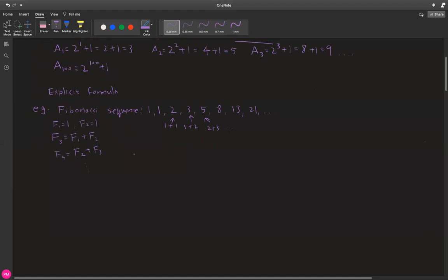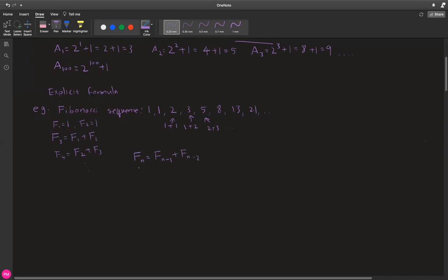So this is called the recursive formula, and we define the Fibonacci sequence, let's say f sub n, as f sub n minus 1 plus f sub n minus 2.